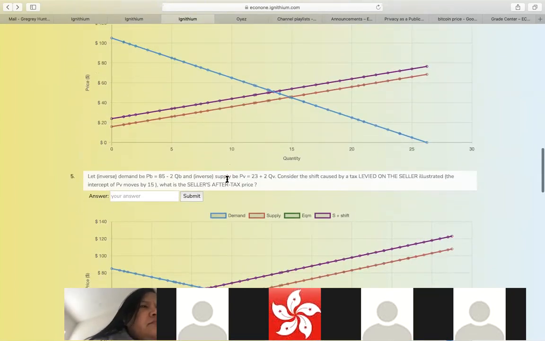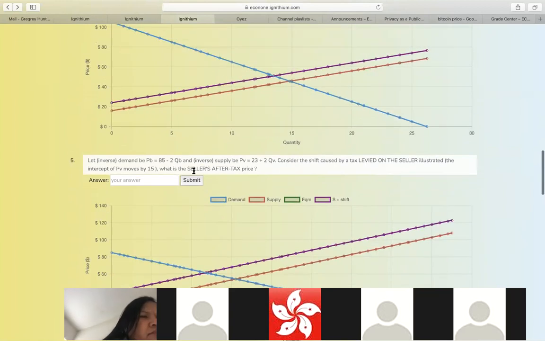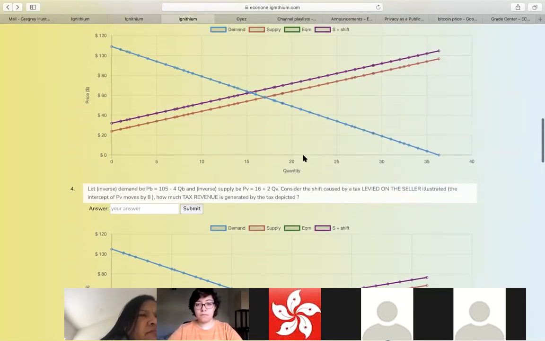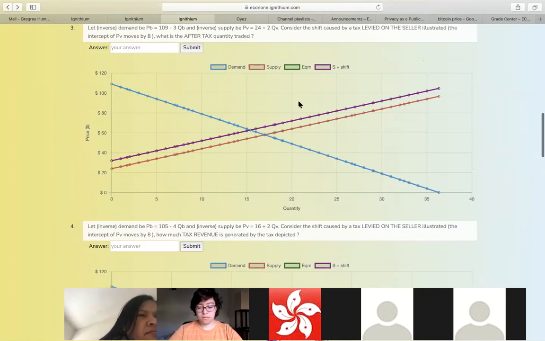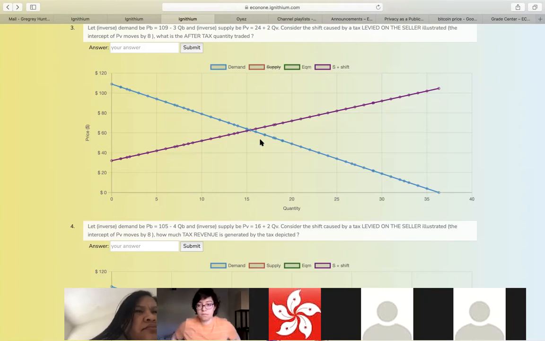Actually, the one I wanted to talk about is the seller's after-tax price. The after-tax quantity traded is going to be easy because it's just going to be that after-tax equilibrium, right, Brian? So we're going to be able to see there pretty clearly that the after-tax quantity is going to be 15.4 units. So that should work out well for us.